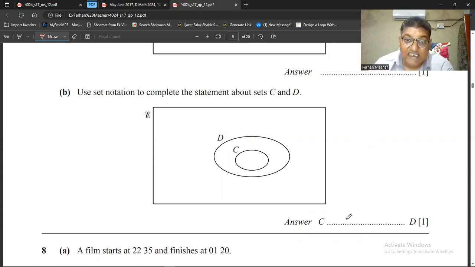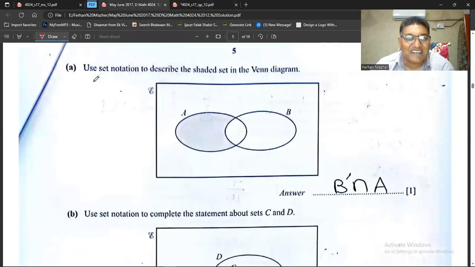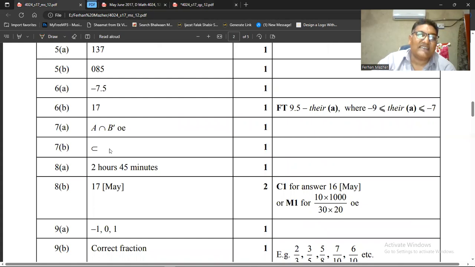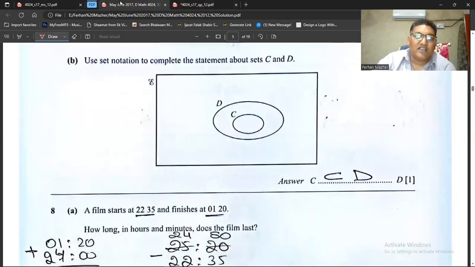So C is a subset. This is the symbol. I'm making it with the mouse, so it's a little weird. So C is the subset of D. You can see this symbol I have tried to make.